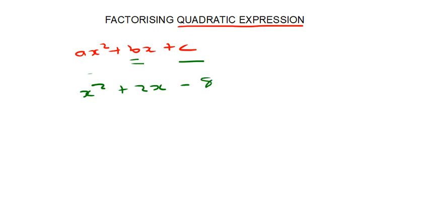We find the factors of 8. What are the factors of 8? It's 4 by 2 and 8 by 1. When you add 4 and 2, you get 6. When you subtract 4 and 2, you get 2. So we have 2 already. So we're going to use these factors.